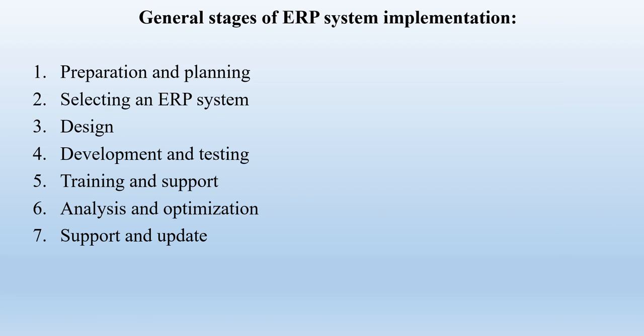Experts confirm the general plan of implementing an ERP system based on AIM: preparation and planning, selecting an ERP system, design, development and testing, training and support, analysis and optimization, support and update. An extended plan is presented in the article.